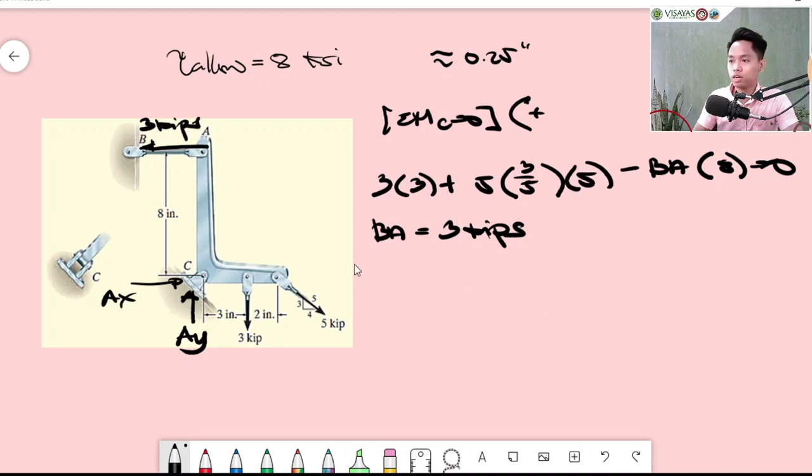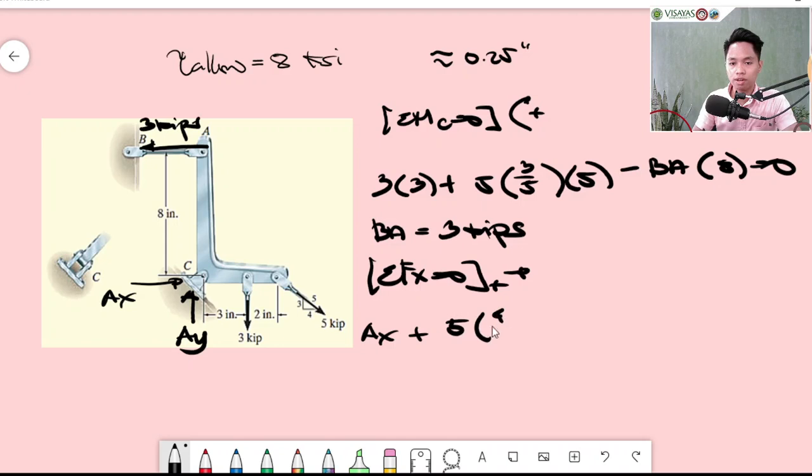So, therefore, we can now solve for AX. Summation of forces X is equal to 0. To the right, forces are positive. So, we have your AX plus 5 times 4/5 minus 3 kips, that is equal to 0.